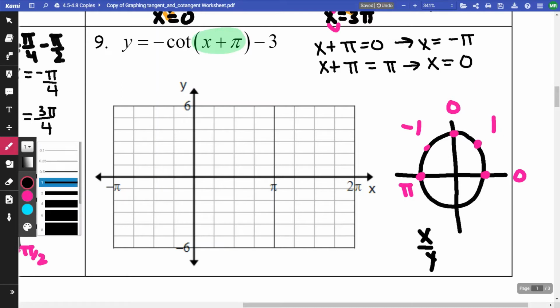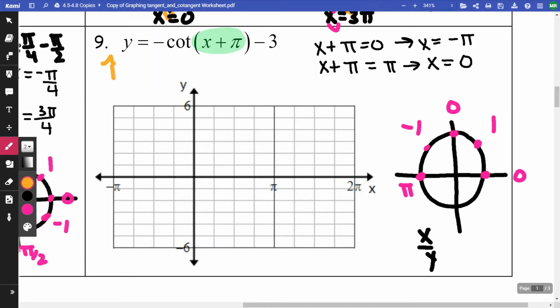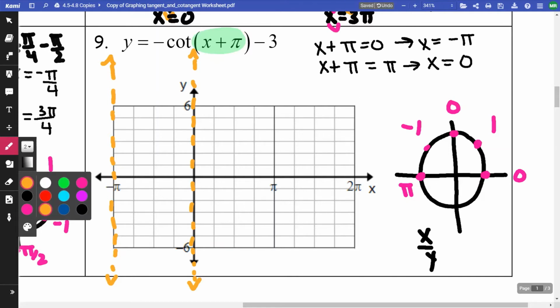So for this, I am going to have asymptotes at negative pi and at 0. Now I do have a vertical shift at -3, so we're going to drop down here.